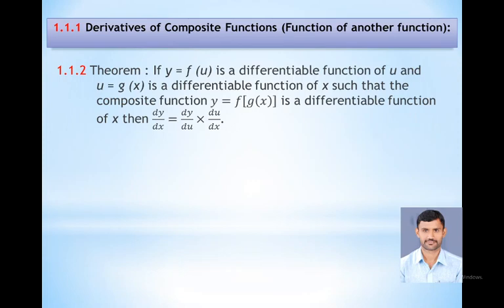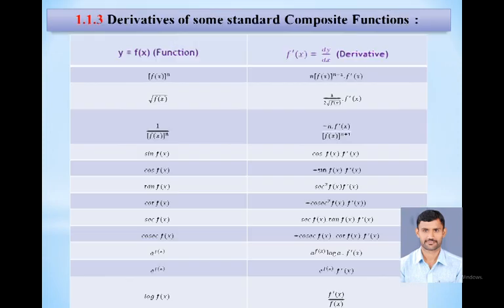Now, proof of this theorem is given in your textbook, so you can refer and try to understand the proof. dy upon dx is equal to dy by du into du upon dx.